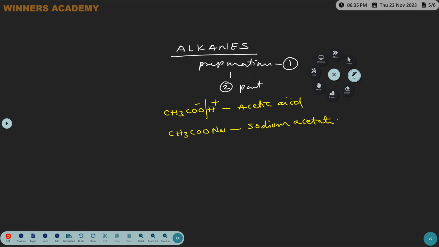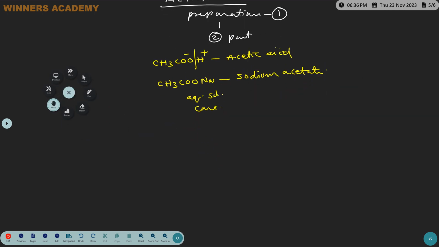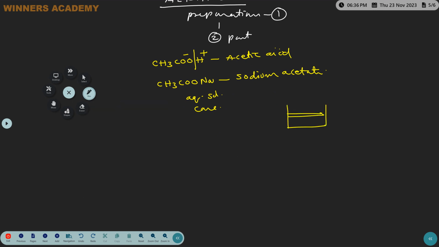Now, an aqueous concentrated solution of sodium acetate is subjected to electrolysis. Electrolysis means this salt solution is taken into a beaker and two electrodes are placed, one is the anode and the other is the cathode.